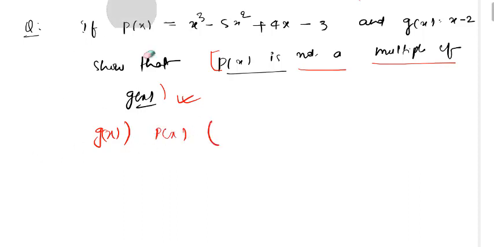We have to check this division: if the remainder becomes 0, then p of x is a multiple of g of x. But if the remainder is not equal to 0, then we can say p of x is not a multiple of g of x. So let's do this problem.